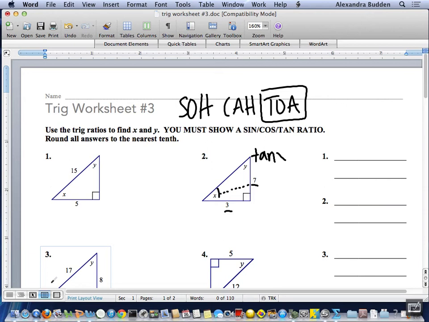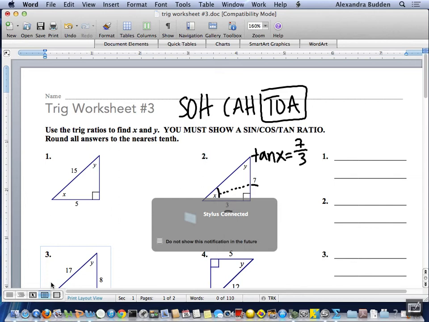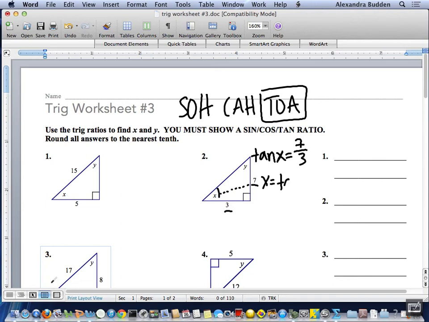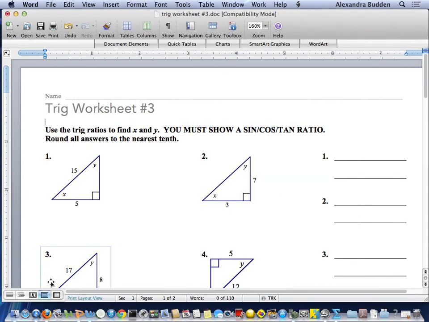Tangent of x is equal to 7 over 3. In order to get rid of that tangent, I need to take the inverse. So I end up with x is equal to the inverse tangent of 7 over 3. Now I need to go to the calculator from here.